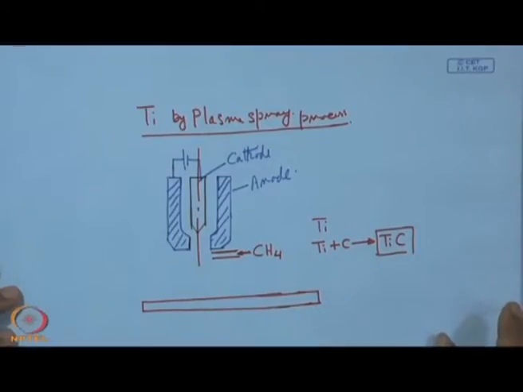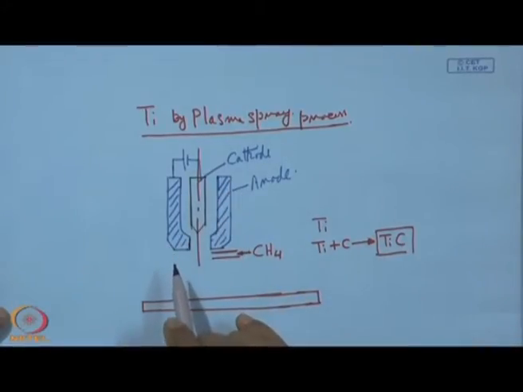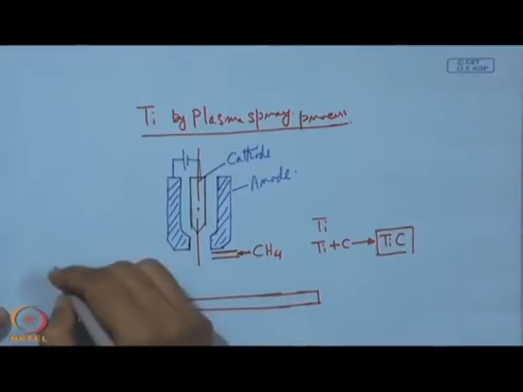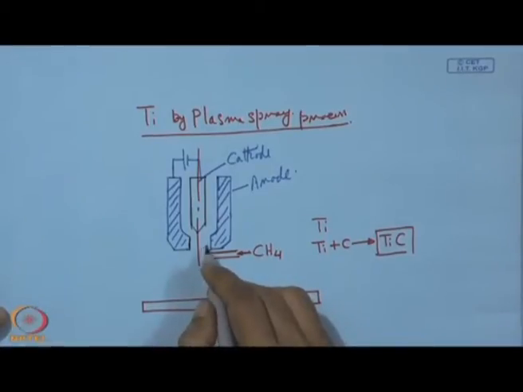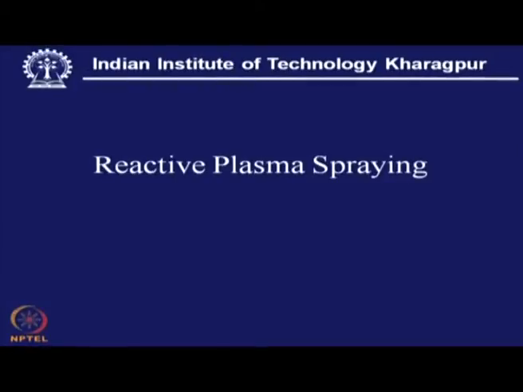Now, one thing that is also good to know is that the plasma spray process, unlike the detonation process, is good for handling ceramic materials, because here the temperature is very high. When it is a detonation process, though the speed is very high, the temperature is low.